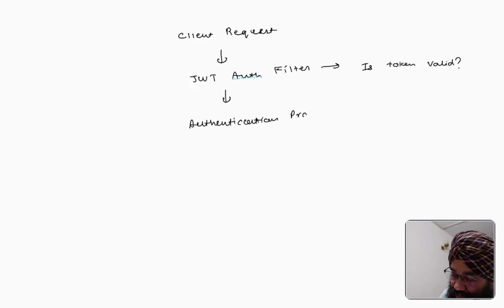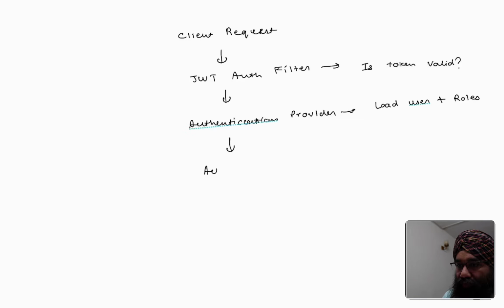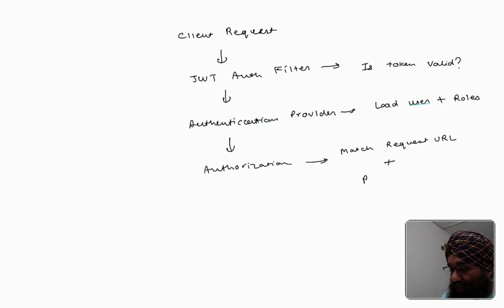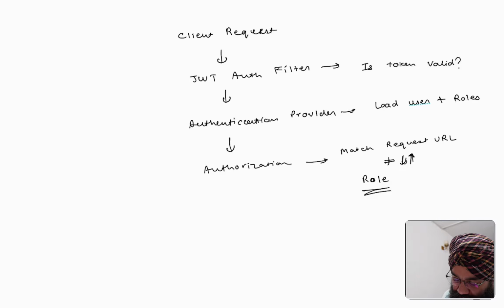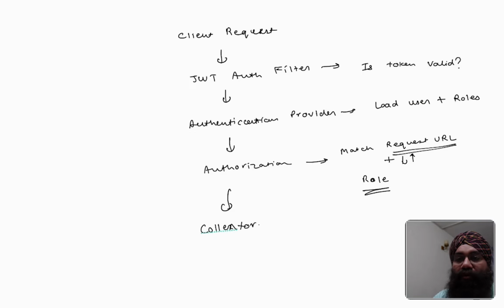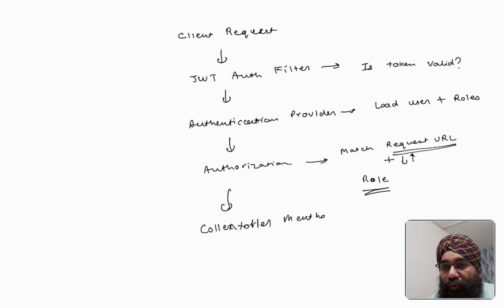Here we load the user plus user roles. Then we match the request URL with the role, whether it is matching or not, whether this role is allowed to access this URL or not. And if it is allowed to access, then we allow the request to go to the controller. So this is how security is done in a Spring application using Spring Security.